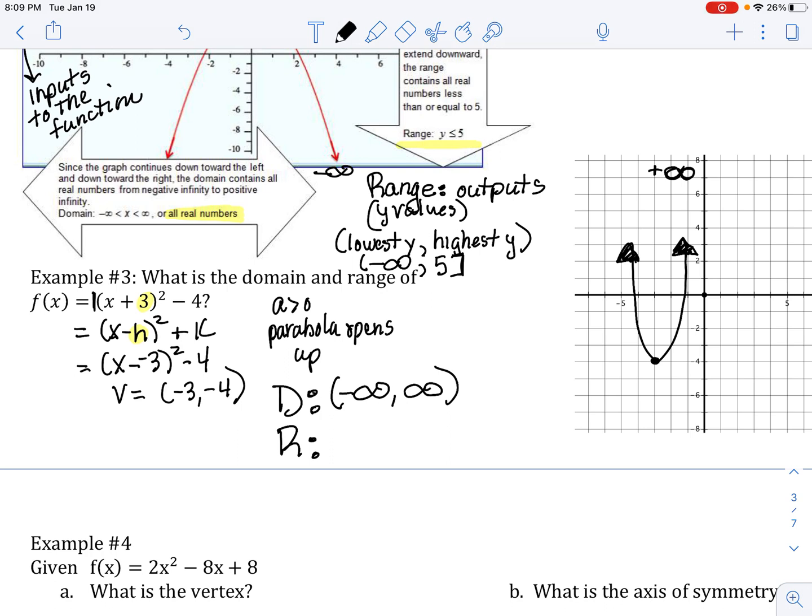That's the direction they are heading. My lowest y, well, let's write what the ordered pair is for the vertex, negative 3, negative 4. So my lowest y is right there. That is the lowest y value. Okay? So that means my range is negative 4, lowest y, comma, highest y. You can write positive infinity. You can just write infinity.